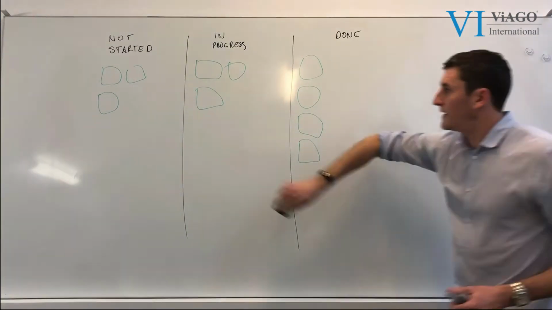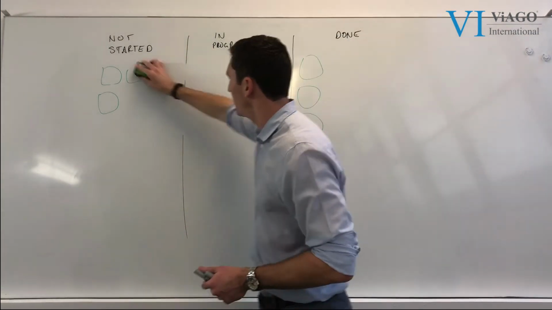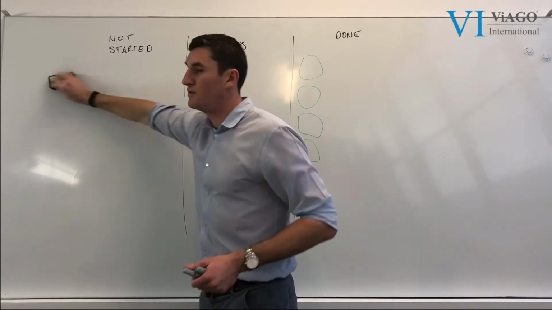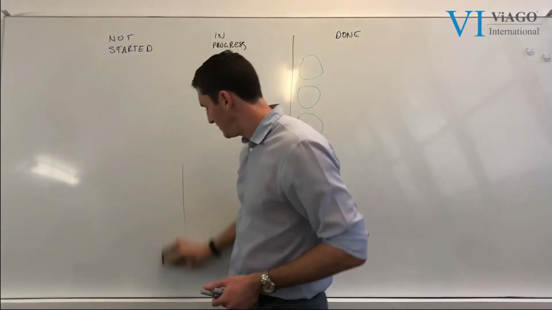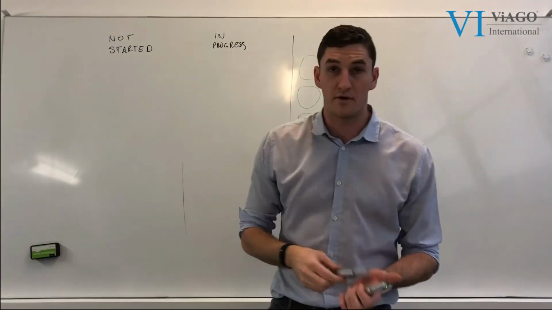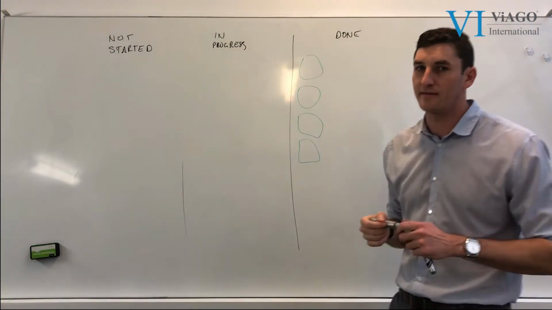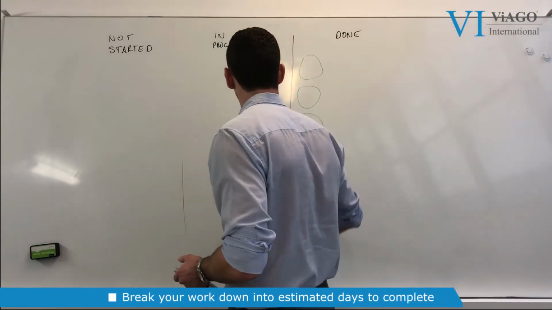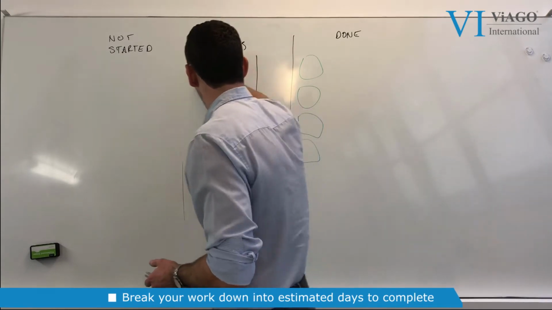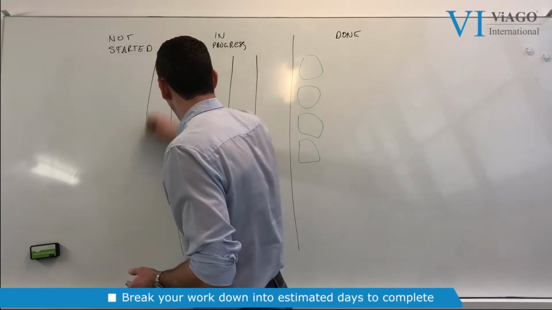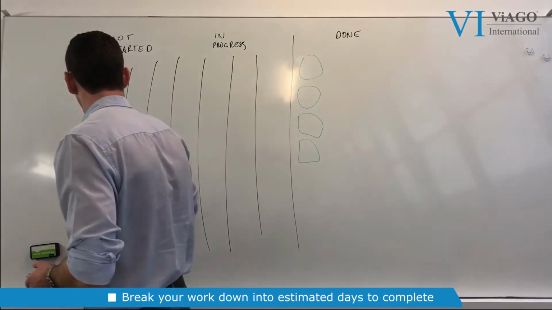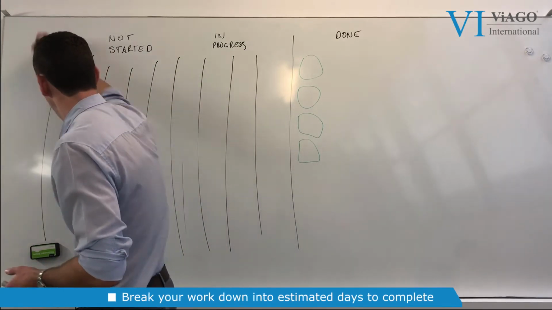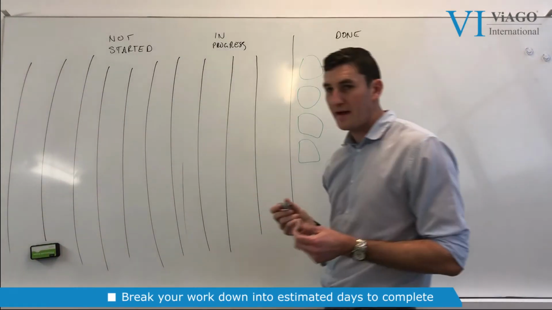So what we do is we take these sections and break them down into, let's say we're doing a 2-week sprint, so we've got 10 business days in the sprint. We break this down into 10 columns. Simple as that.